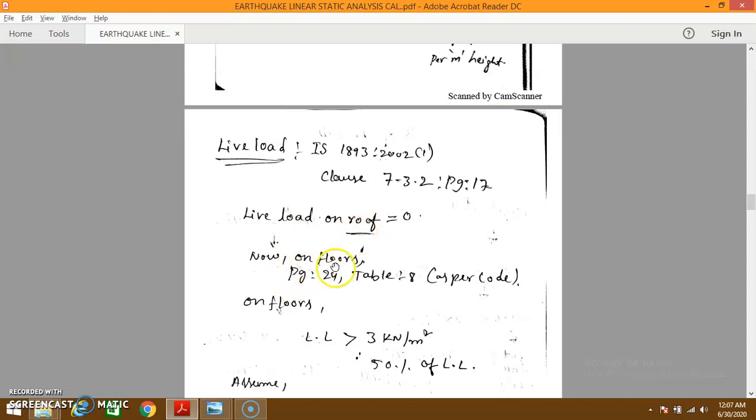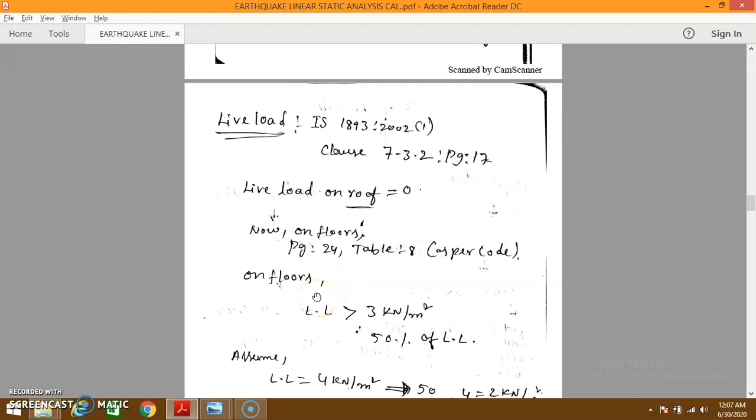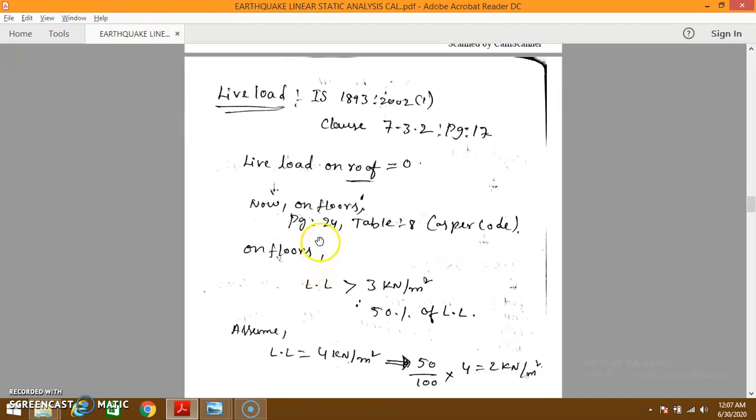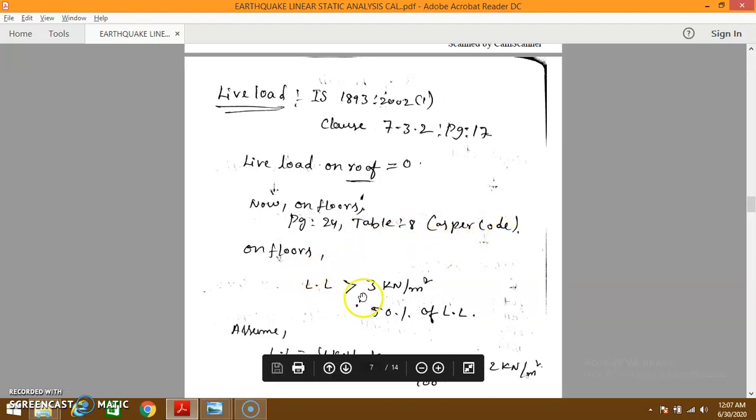Now on floors, in page 24, table 8 of the code: where live load is greater than 3 kN per meter square, we consider 50% of live load. Up to 3 kilonewton per meter square, we consider 25% of live load.